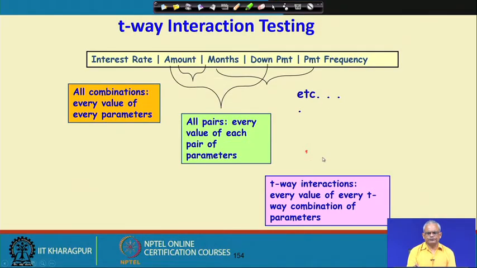Let us assume that a program or a function takes these as the input. Let us say it takes as input the interest rate, the amount borrowed, the number of months for which the amount is borrowed, the down payment, and then the payment frequency.